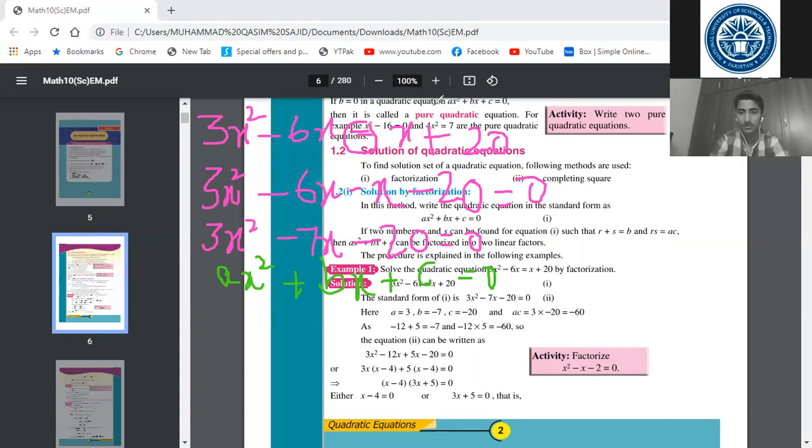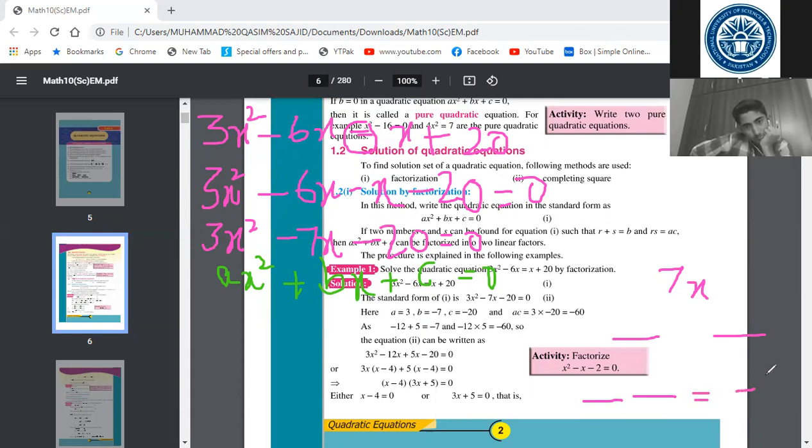So we have to split this 7x into two variables. How to do it? 7x must be split into two variables whose sum equals minus 7x, and when we multiply these two unknown variables, it must equal 3 multiplied by minus 20 equals minus 60.